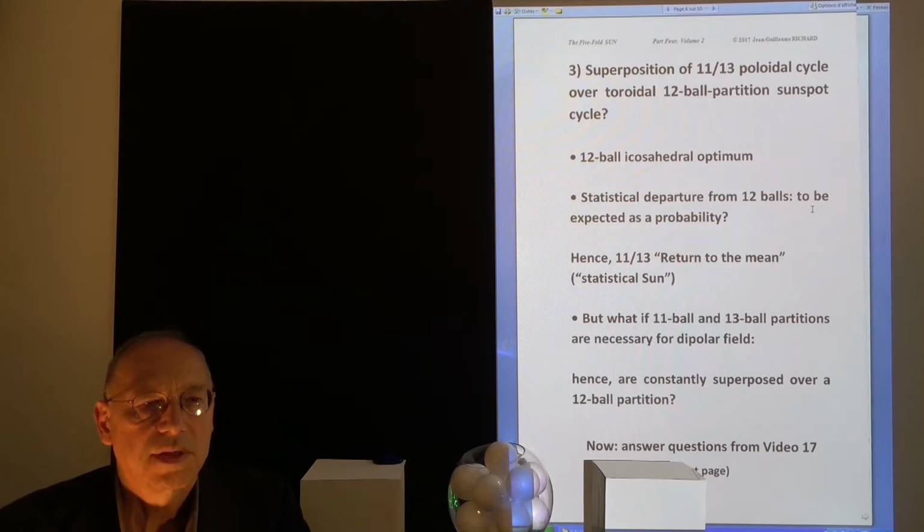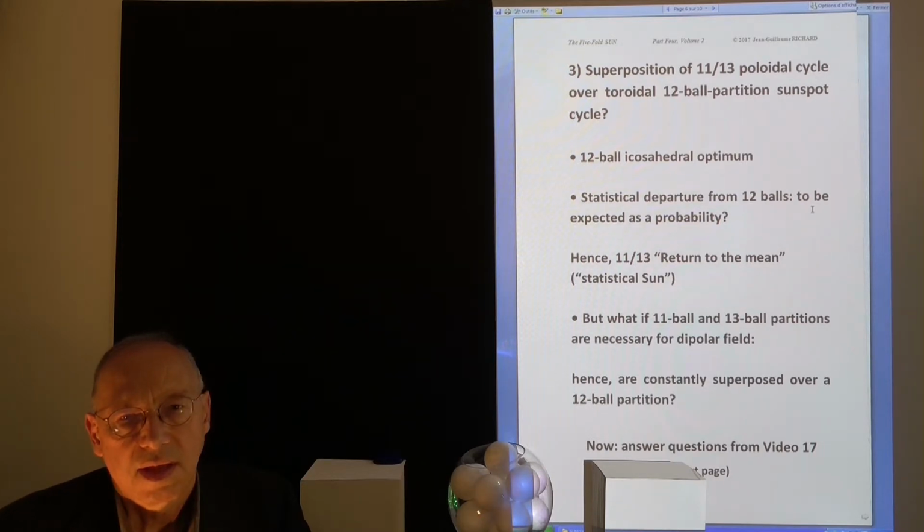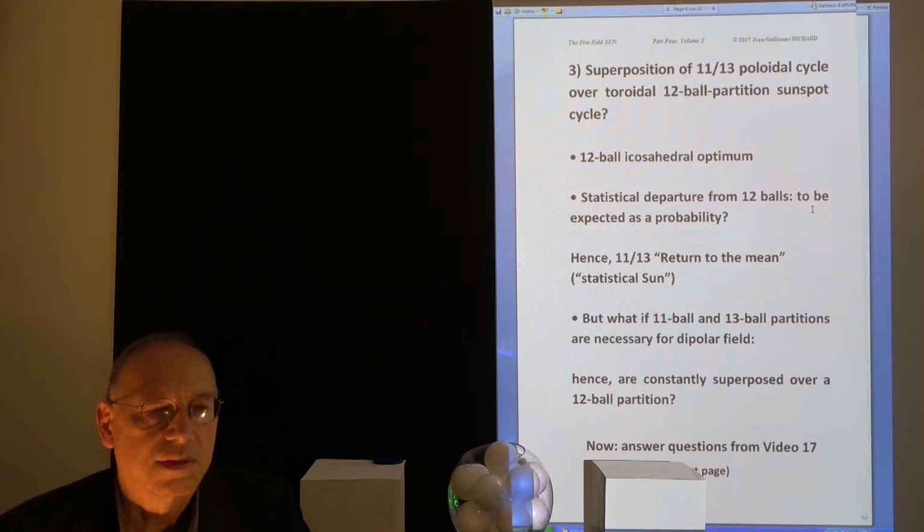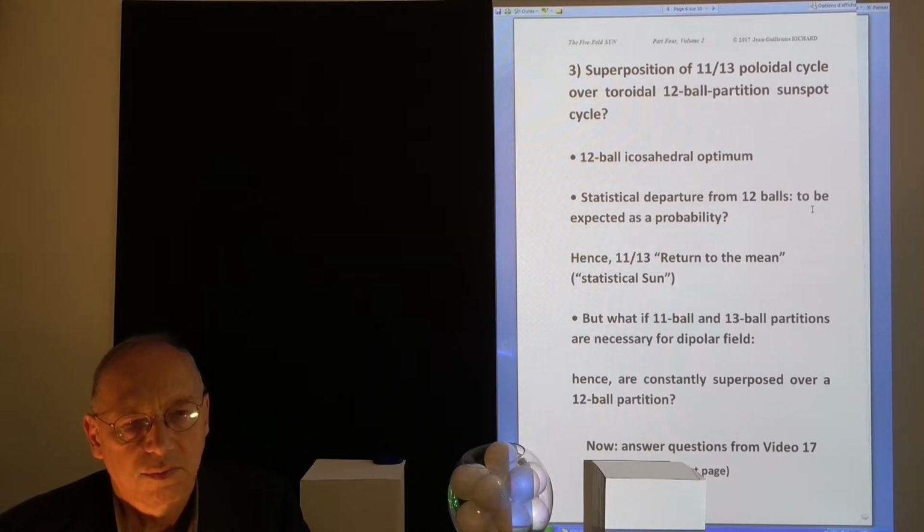Of course, this can be regarded as a statistical circumstance. If we have a distribution of more or less irregular lengths in a phenomenon, the distribution has to be expected to represent a variety of slightly different lengths, and we have to expect departures.